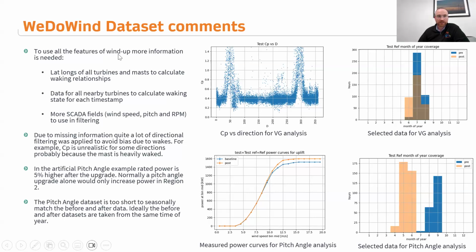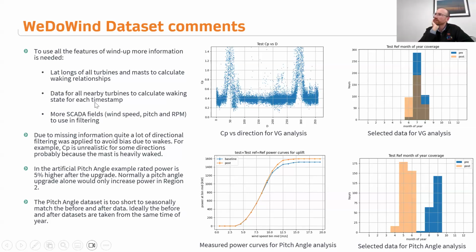So for the Windup tool, if you look at the example on GitHub, there are some things that Sam and I needed to do to get Windup to run, basically making up for data that's missing. For example, lat longs of all the objects, turbines and masts, are very valuable in the Windup method because Windup computes the waking relationships between things, and then data for all the nearby turbines as well.